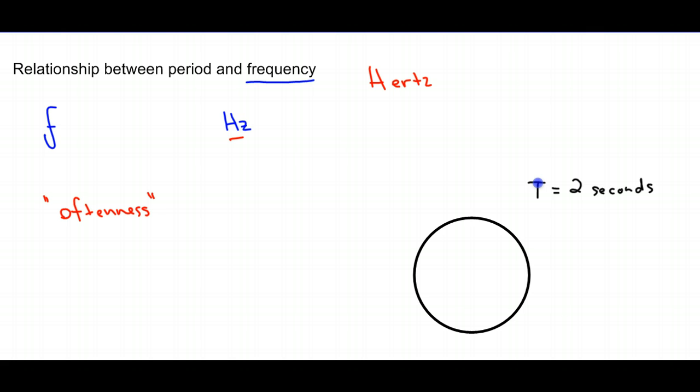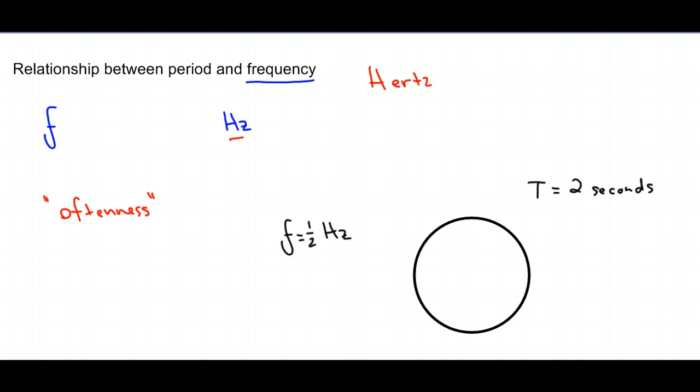And so then our frequency is measured as how many periods it goes every 1 second. Well, we know if it takes 2 seconds to go around once, our frequency then is 1/2, because every 1 second, if our period is 2 seconds, we will go around half of a revolution. So that's 1/2, or 1/2 hertz.